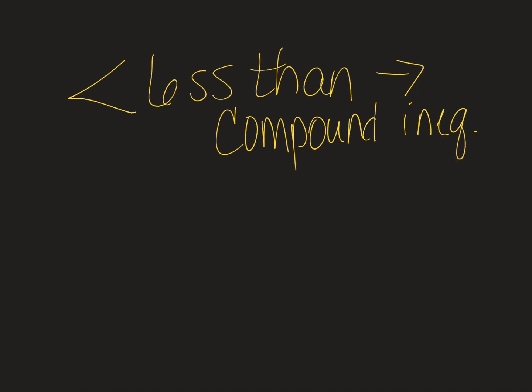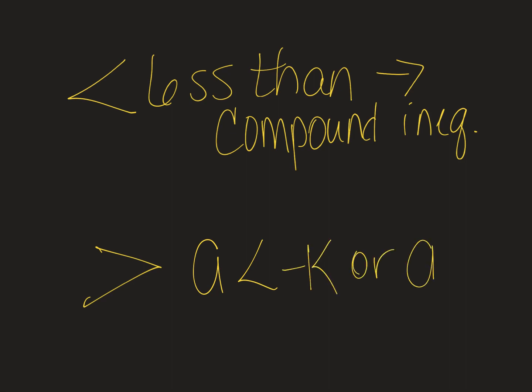If it is greater than, then you are going to write it as A is less than negative K, or A is greater than positive K. That should become clearer when we start practicing this. But remember that if it's less than, you're going to use a compound. If it's greater than, you're going to write two equations to solve. Okay?